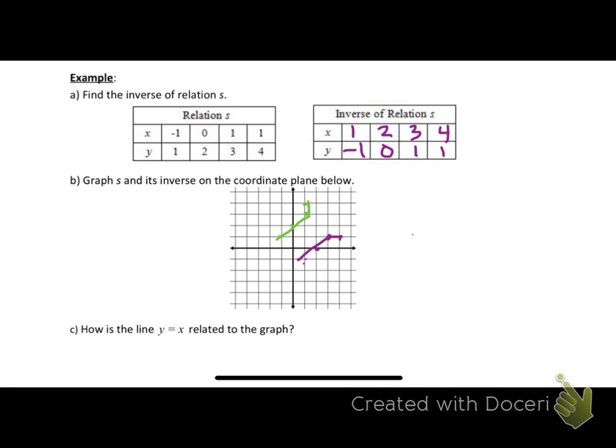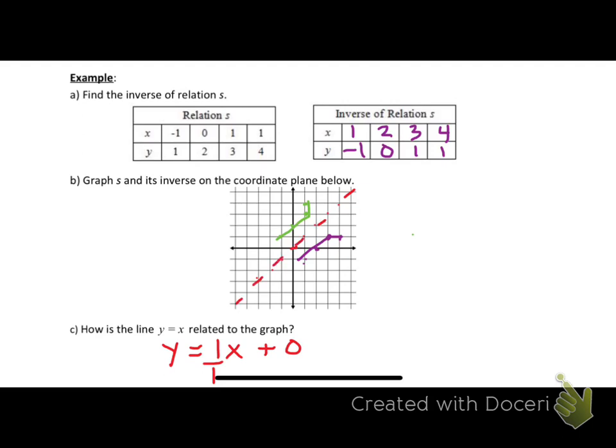Letter C says, how does the line y equals x relate to the graph? This is a great review on graphing linear equations. Technically this could be written as y equals 1x plus 0, which means my y-intercept is 0, and my slope is up 1 over 1. So I'm going to go up 1 over 1, up 1 over 1. I could go down 1, left 1, and so forth.